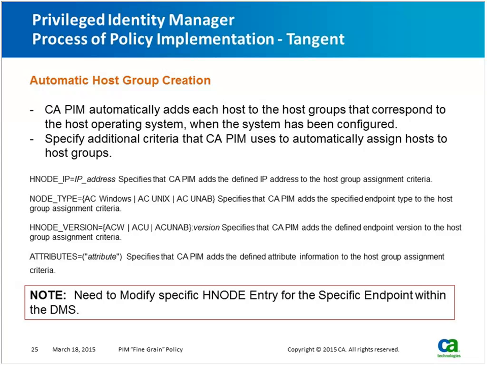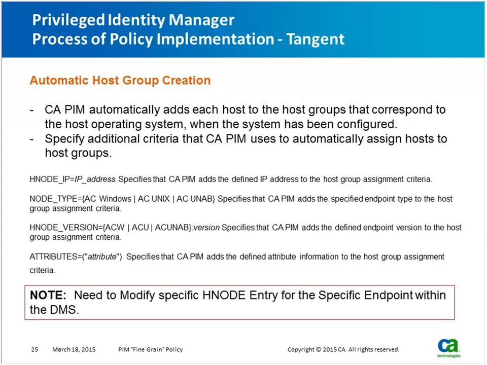Now, the important thing to note here, if you hit the next slide or page down, it says: note, you need to modify the specific H-node entry for the specific endpoint within the DMS. So in order to make this function work, you will have to modify that H-node entry for that particular server.